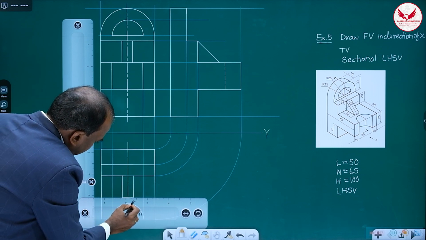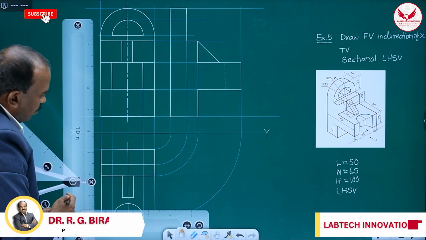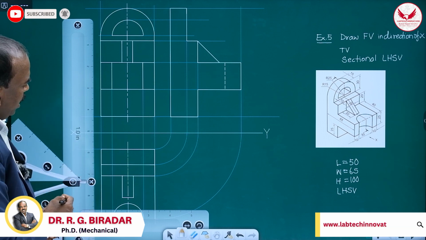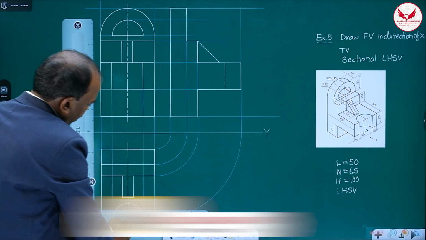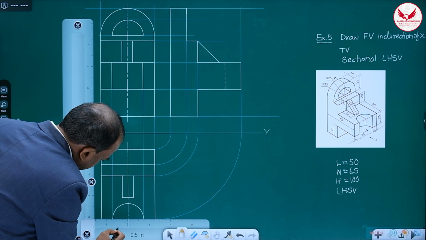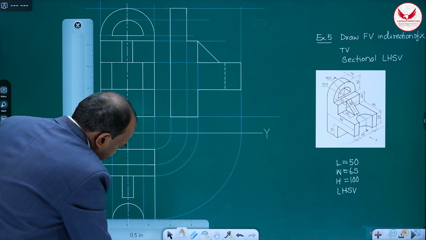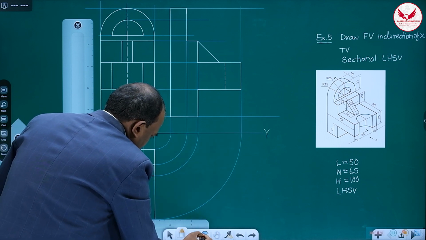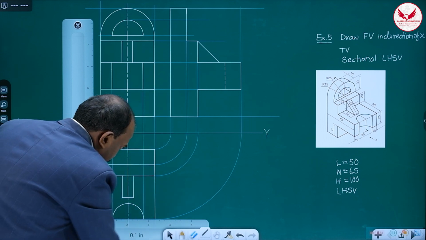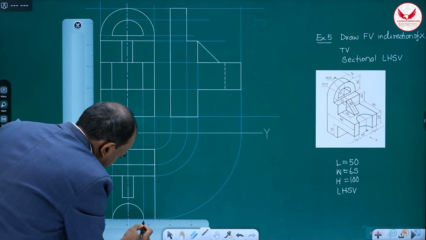So here, instead of projection, I am making use of the line of symmetry. So that rib I have drawn. Then after this, what is remaining? If you see it carefully, that last line, it's 10.